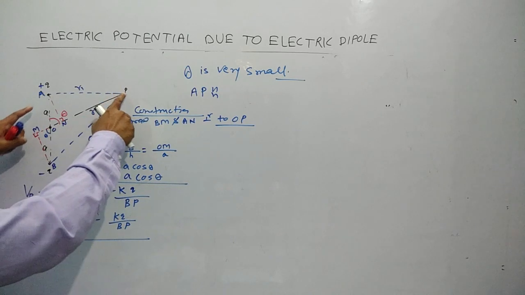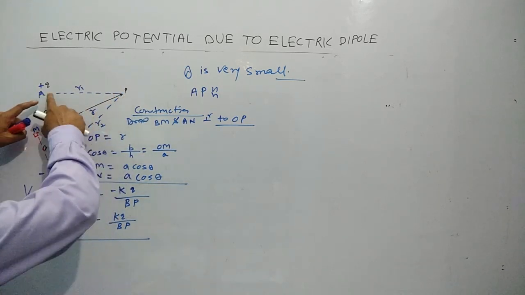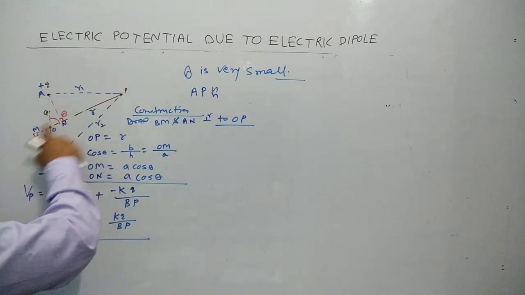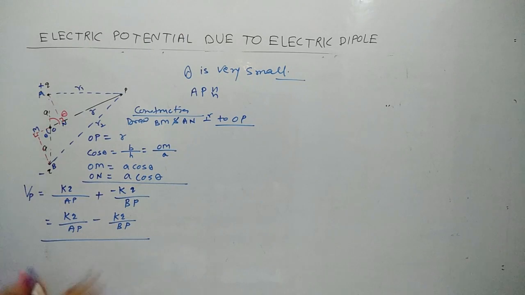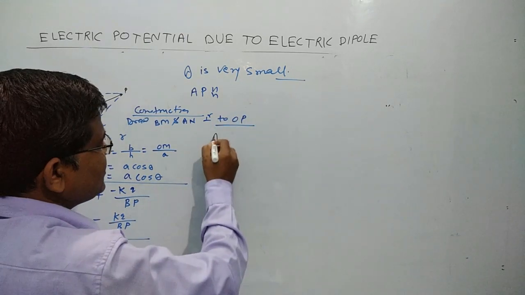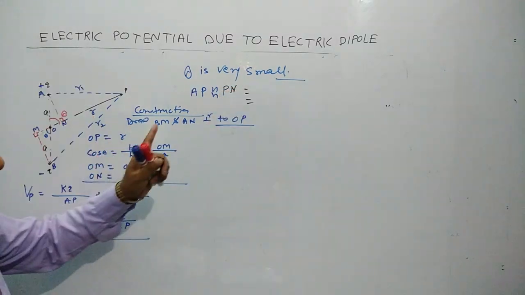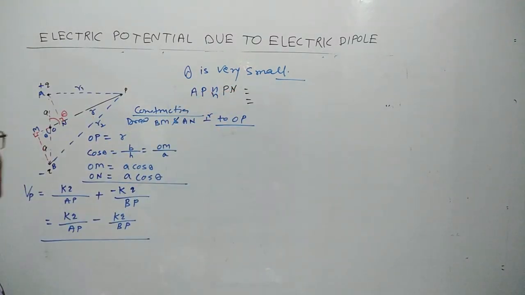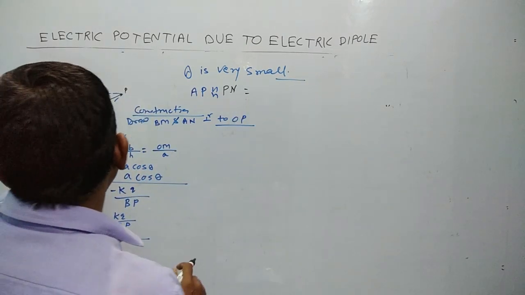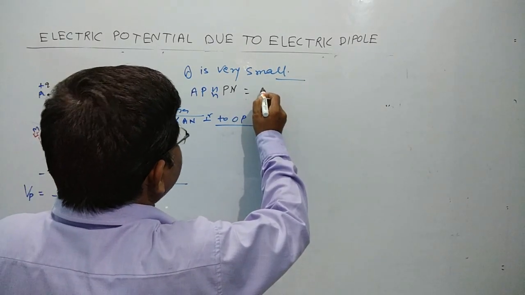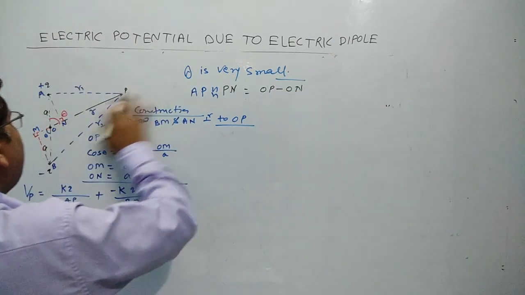And our requirement is AP. Suppose this is a triangle. Then AP is near about PN, so AP is approximately equal to PN, and PN is equal to OP minus ON.